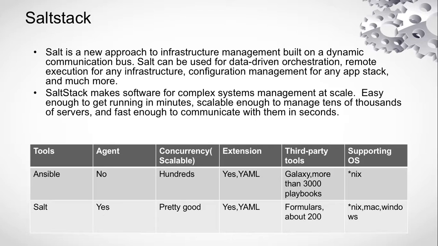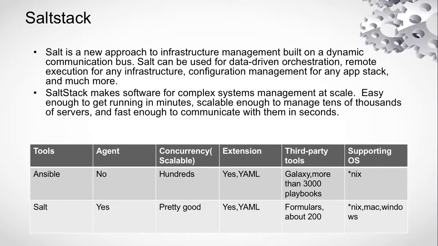Next, I will make some comparisons between Ansible and other configuration management tools. The first one is SaltStack. Salt is a new approach to infrastructure management built on a dynamic communication bus. Salt can be used for data-driven orchestration, remote execution for any infrastructure, configuration management for any app stack, and much more.